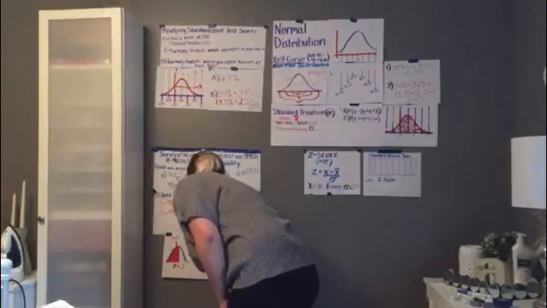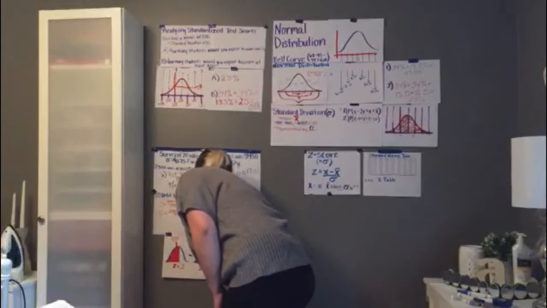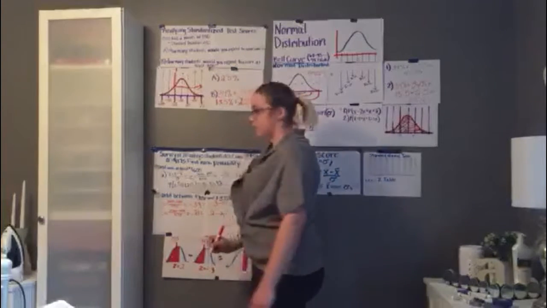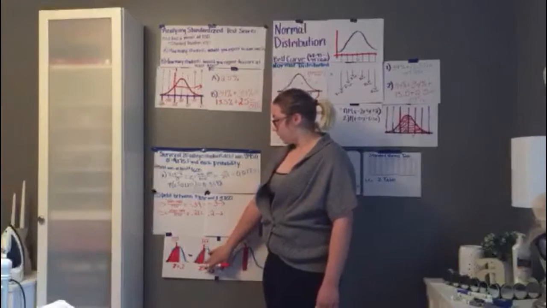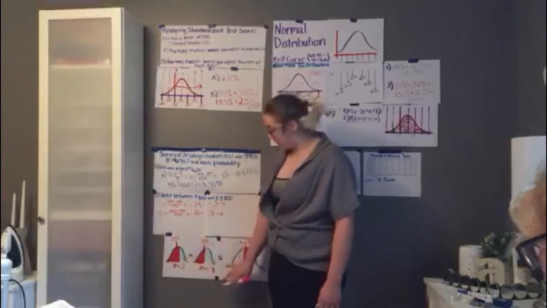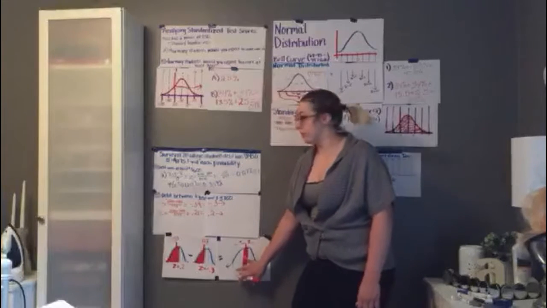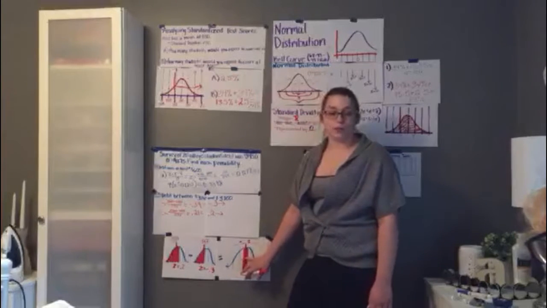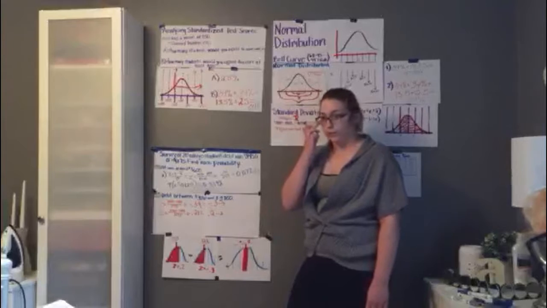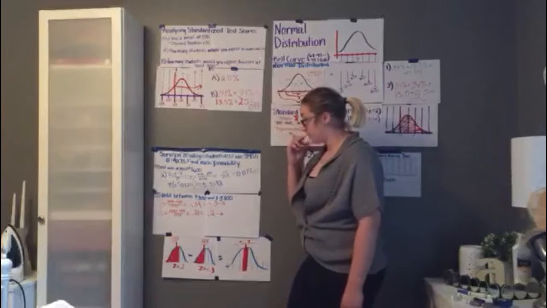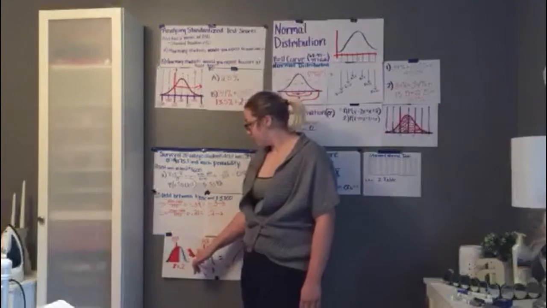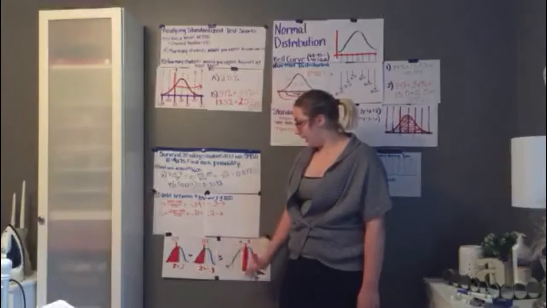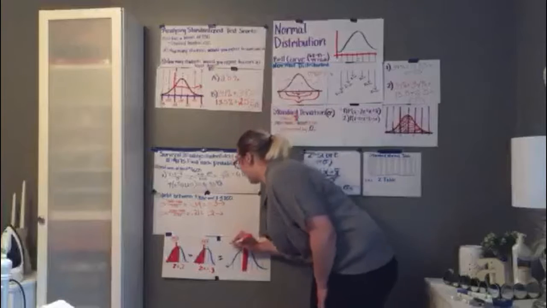And that number would be 0.3821. Since you don't want all of the numbers left of there, you want to subtract them to see what's in between, to get that little sliver between 0.2 and negative 0.3. So we're going to subtract 0.5793 minus 0.3821 to give us our sliver.